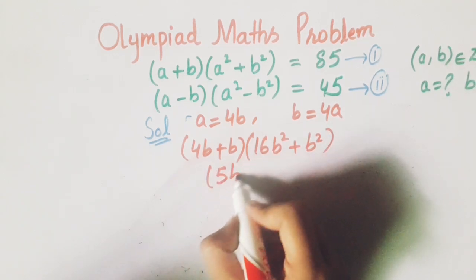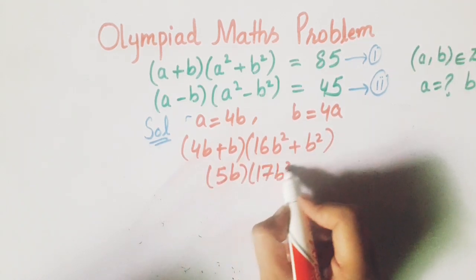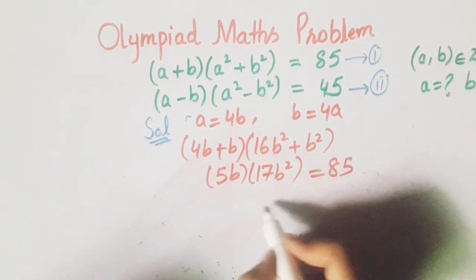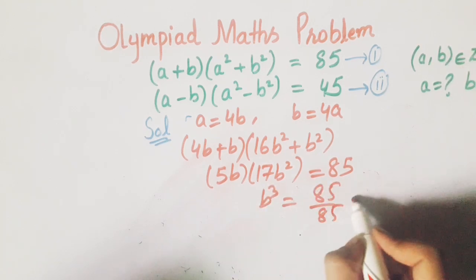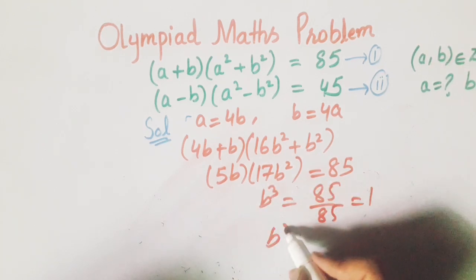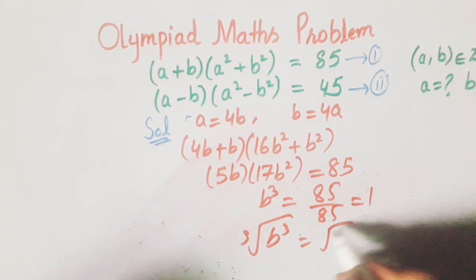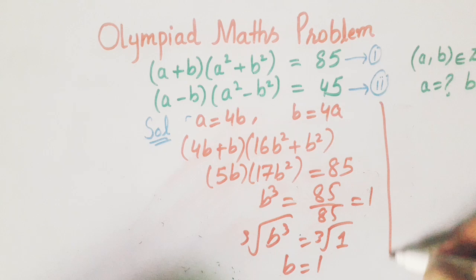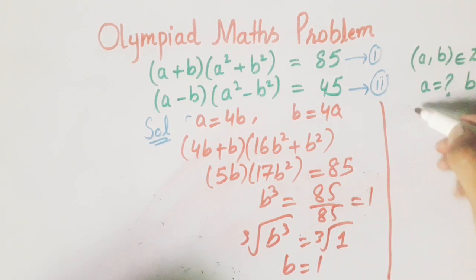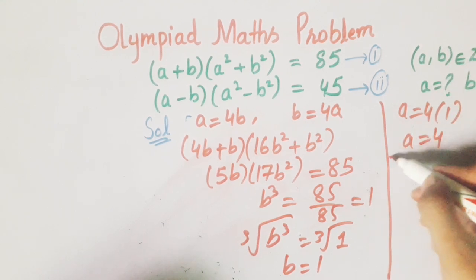It means 5b into 17b square is 85. It means b cube equals 85 divided by 85, that means 1. So by taking the cube root on both sides, we get b value is 1. Now if b is 1, a equals 4 into b, so a will be 4.